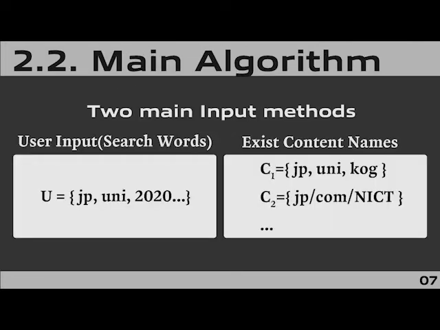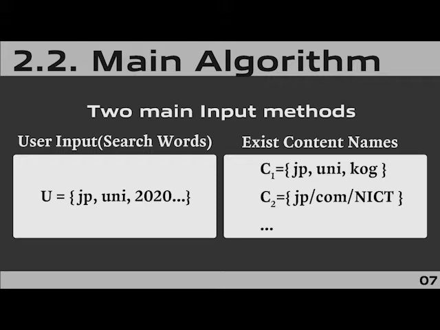There are two main inputs required for the proposed method. There are two sets of words: the content names which are already known on ICN/CCN networks, and a set of search terms entered by the system user. The two are combined to create a content name that can retrieve the content.